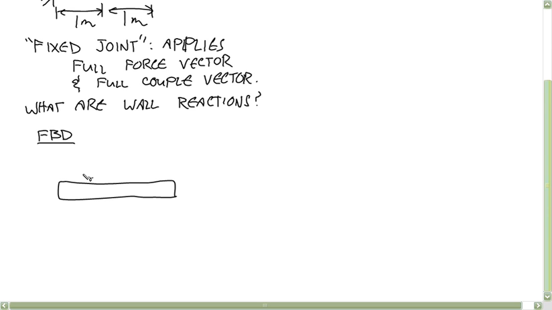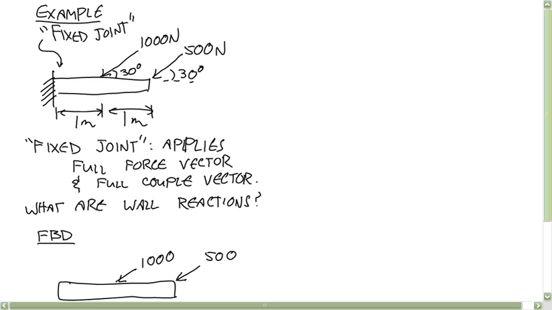So here's the isolated body, and the loads are 500, 1,000. And then I'll put a coordinate system here.